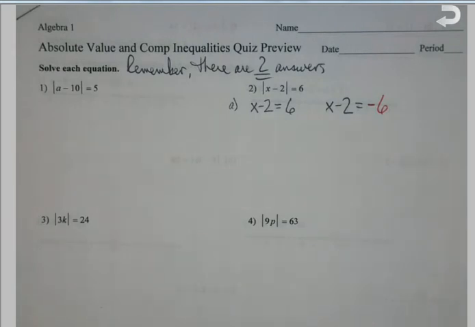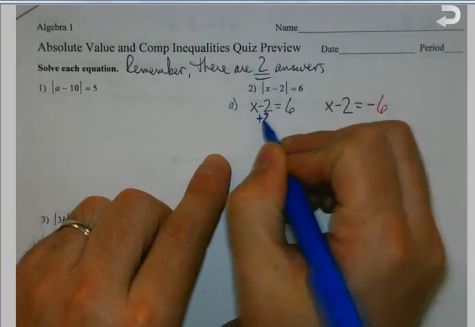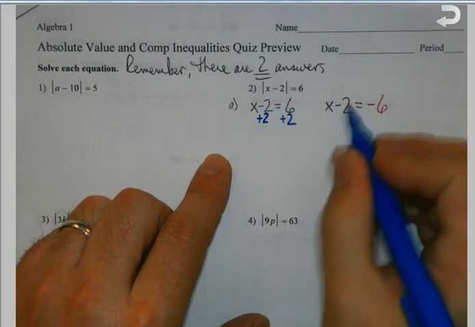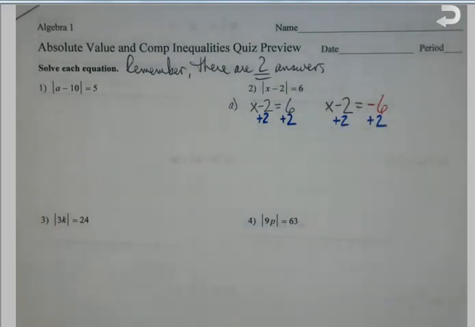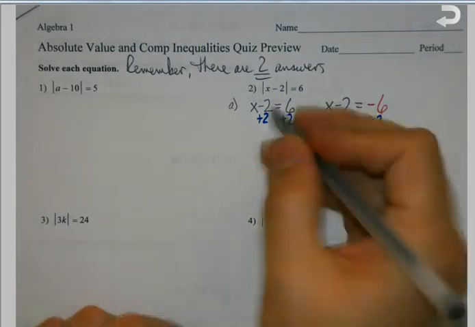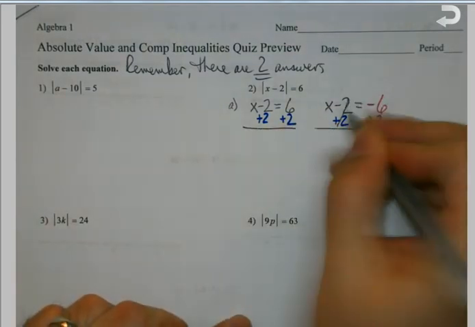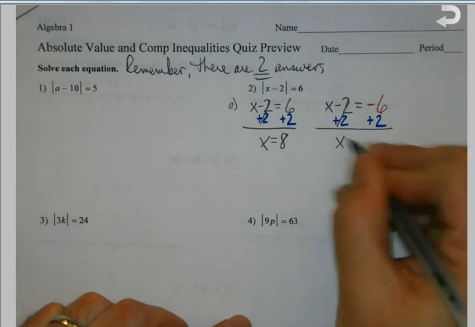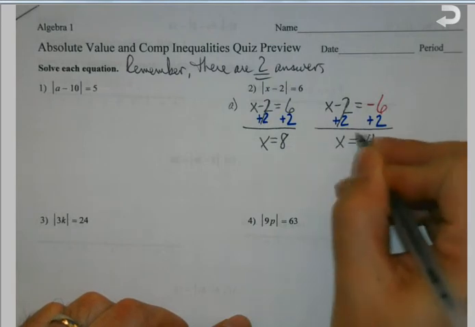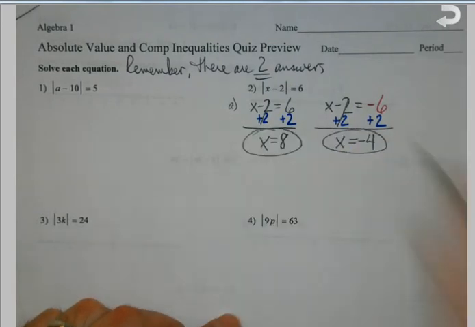So once I get that set, my whole job's just to undo whatever's with x. So I can undo the minus 2 by adding it. And I can get my two answers that way.